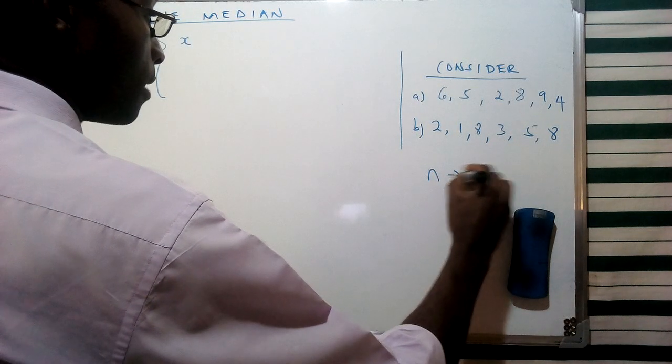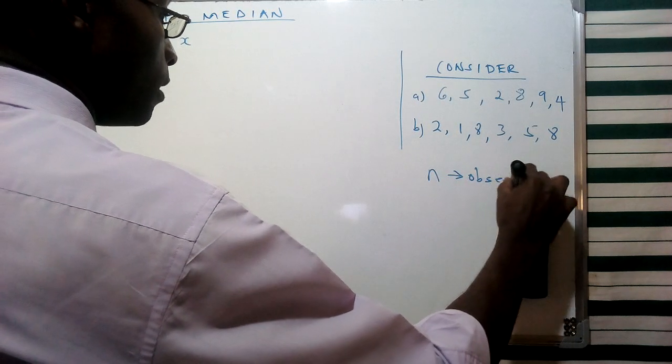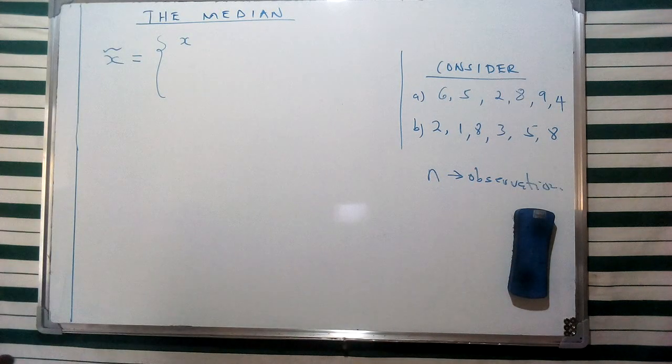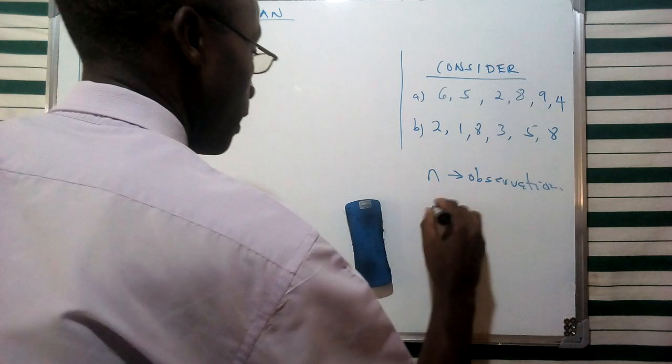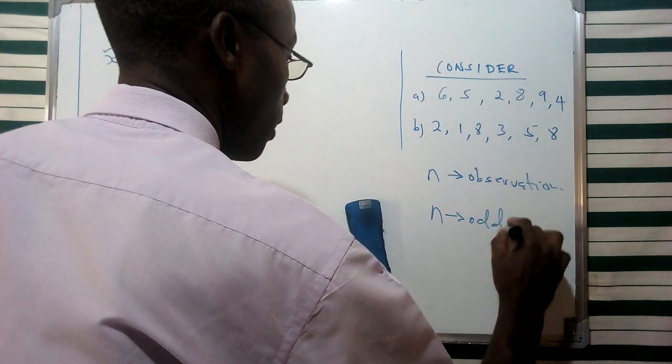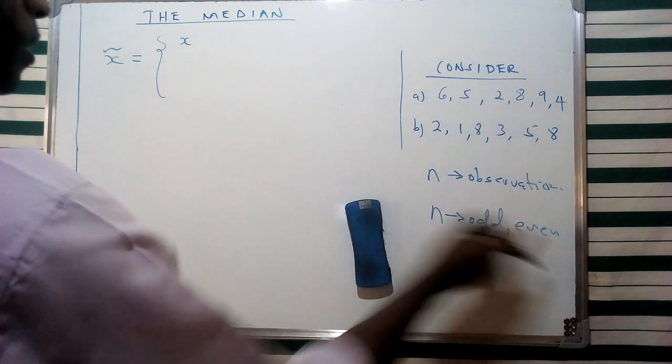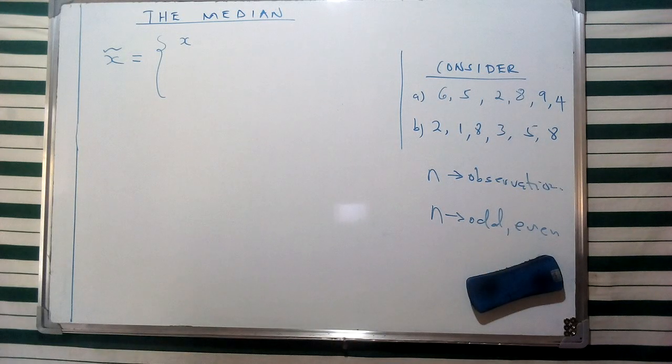As we said, n is going to constitute the number of observations in this specific set of data. Now, in this case, if the value for n is odd or even, we're going to have two different ways of representing this specific concept for finding the median. The two respective cases of n, odd and even, are given as such.